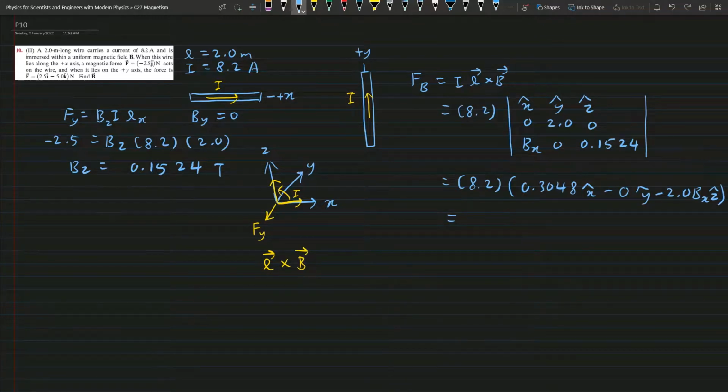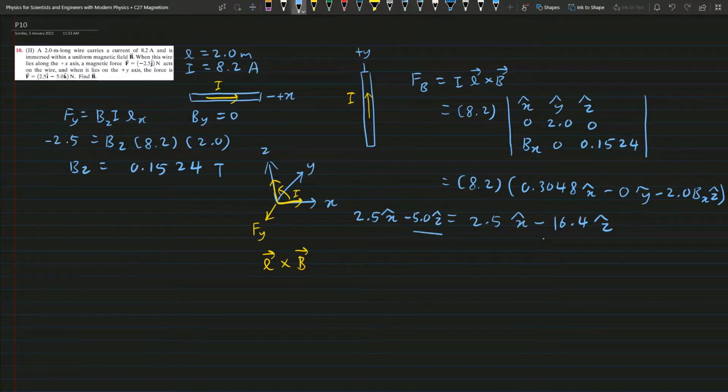So this is 2.5x and negative 16.4z. Now actually the force is given, which is 2.5x negative 5.0z.